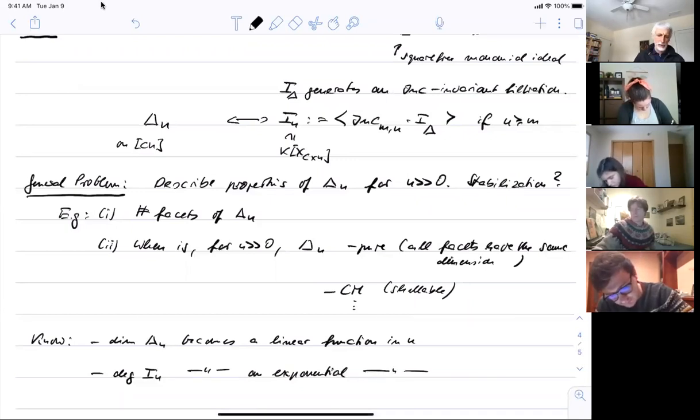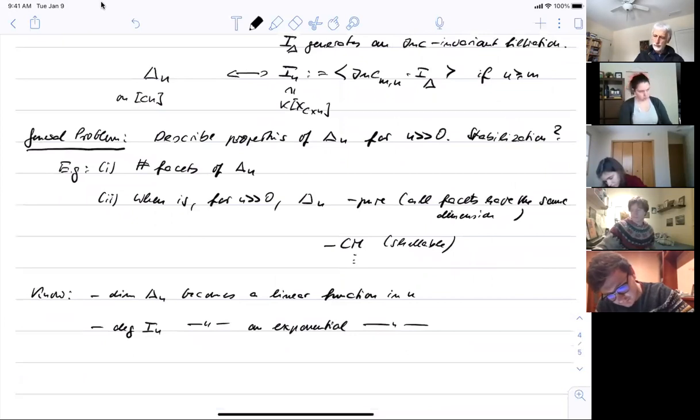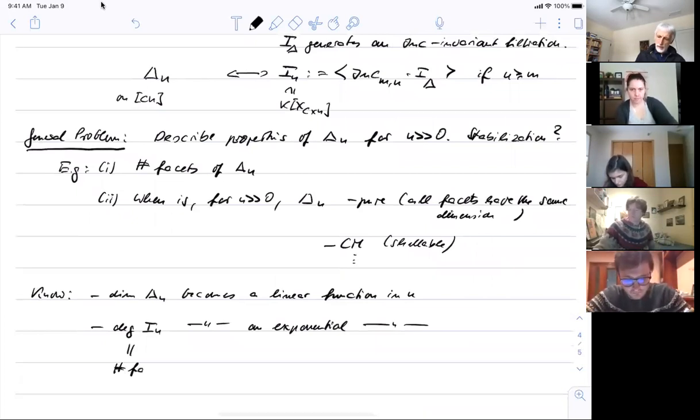And now how is this related to our simplicial complexes? The degree is simply the number of facets of the complex with maximal dimension.